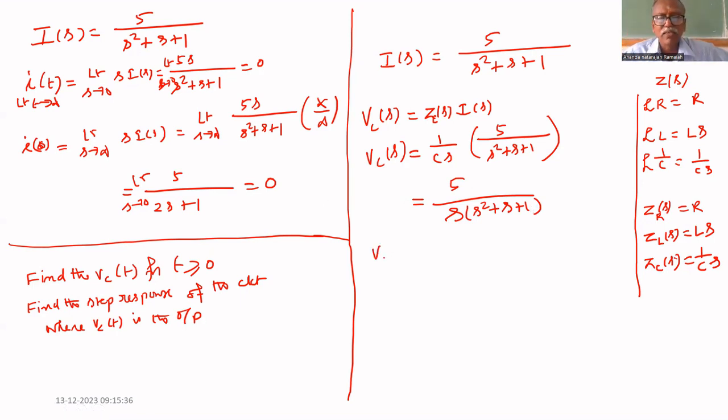Therefore, VC of s also equal to A divided by s plus Bs plus C divided by s square plus s plus 1. Find the ABC. This is voltage across the capacitor.